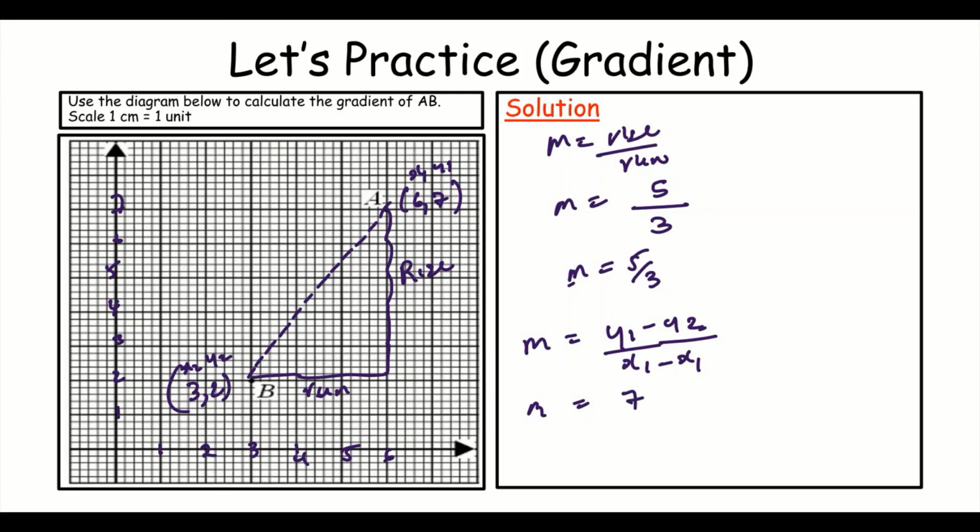That's going to be 7 minus 2 over, what's my x1? My x1 is going to be 6 minus 3. So we have 5 over 3. It doesn't matter which way you choose to do it. The gradient would be the gradient.